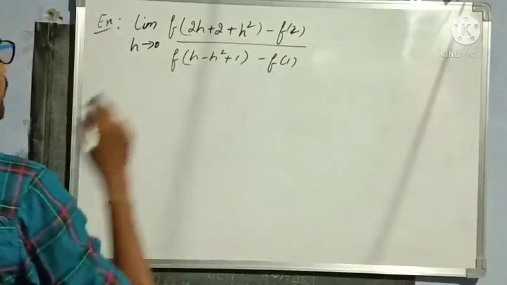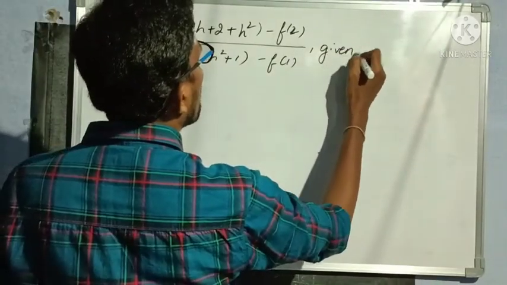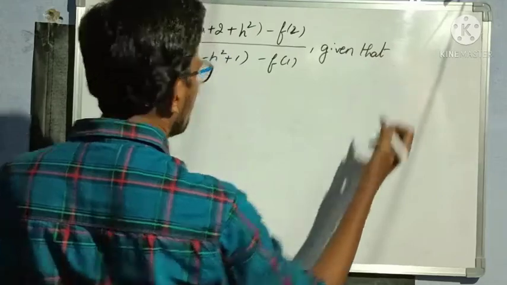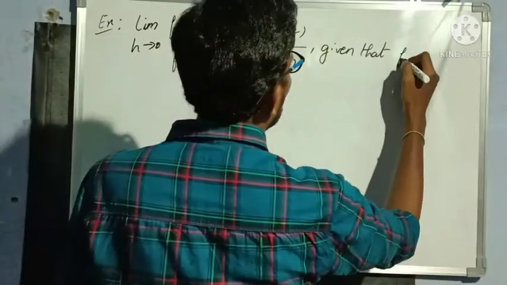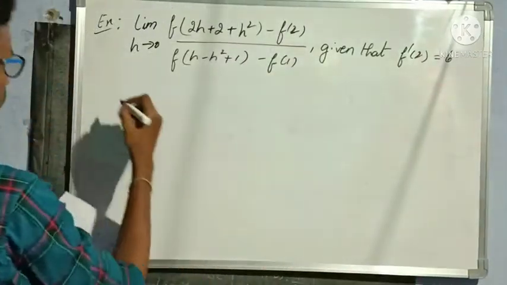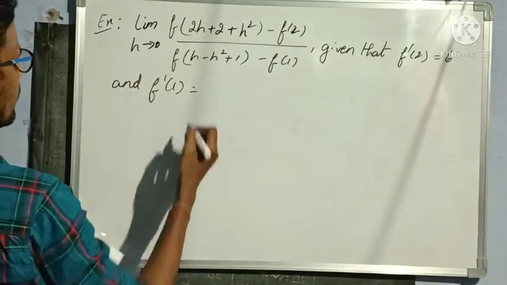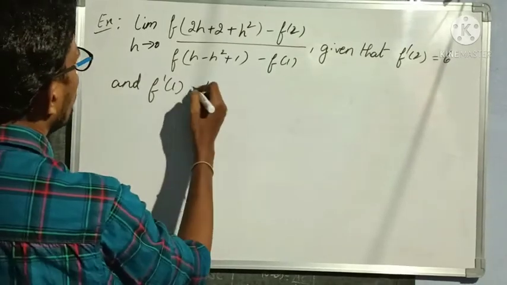This value we have to find out. And what is given? Given that f dash of 2 is equal to 6 and f dash of 1 is equal to 4.